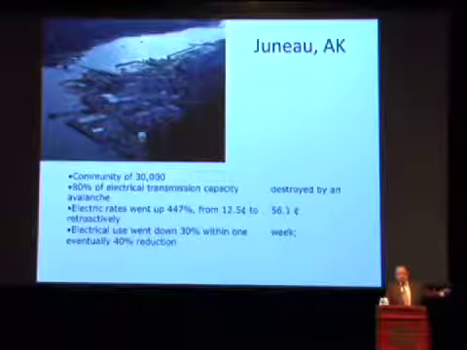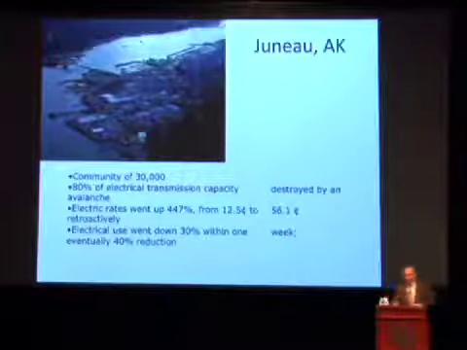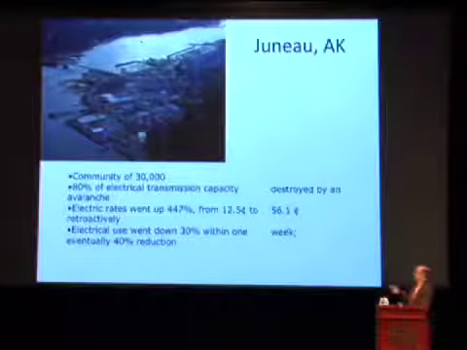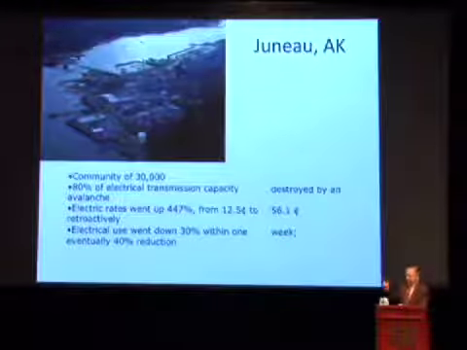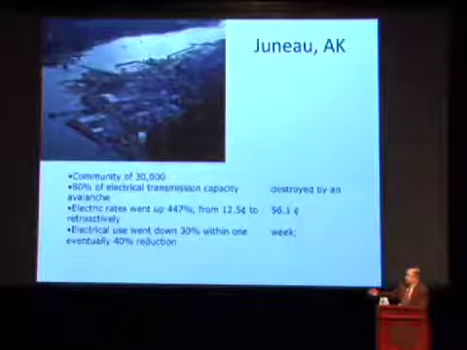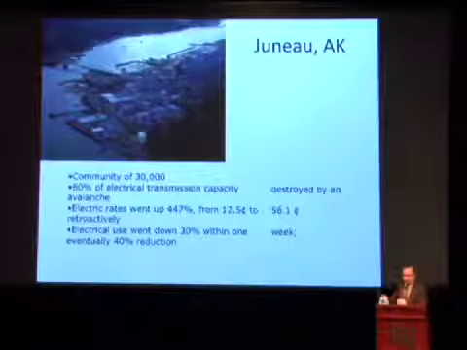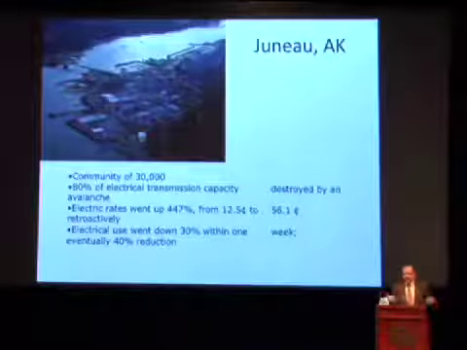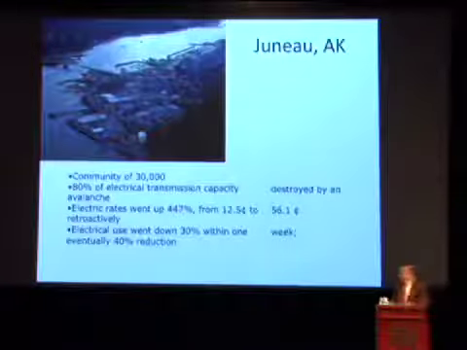And Juneau is a very isolated city if you've ever been there. And an avalanche took out the transmission line in May of 2008, I think it was. And immediately they lost, there it is, 80% of their transmission capacity. All of a sudden the city has 80% less electricity available to it than usual. 80% at a swoop, gone.